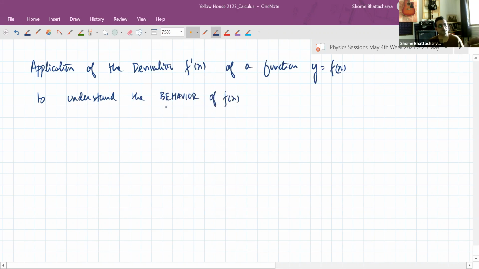What we mean by behavior of the function is whether the function is increasing or decreasing in nature.